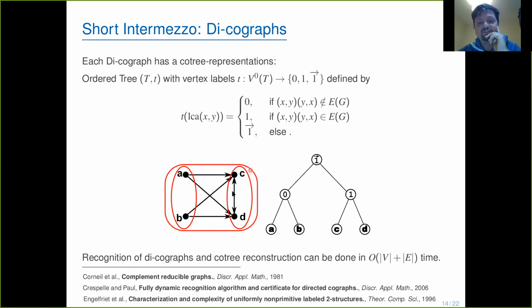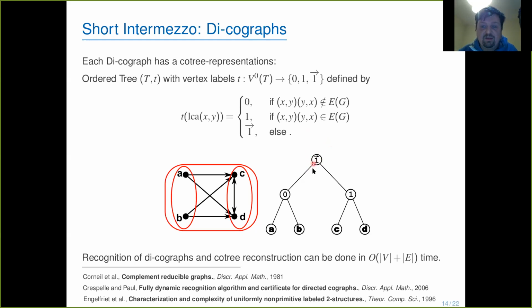In the hierarchical structure, the clusters are given based on the operations that we had to define this Dico graph. And the last common ancestor is 0 if A and B have no edge. The last common ancestor is a 1 if between these two vertices there is a bidirectional edge, like here. And this is an ordered tree, so we can distinguish between left and right.